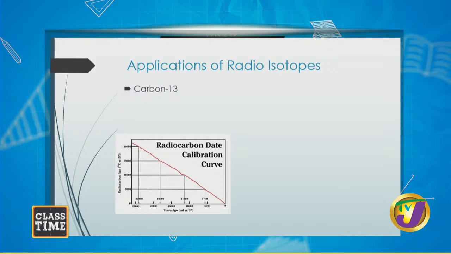Thus it would have a certain age, maybe 11,400 years, if they realize that the mass of carbon-13 has been halved. That's a simplistic overview. It's more complicated than that, but that's just the gist of how it works.